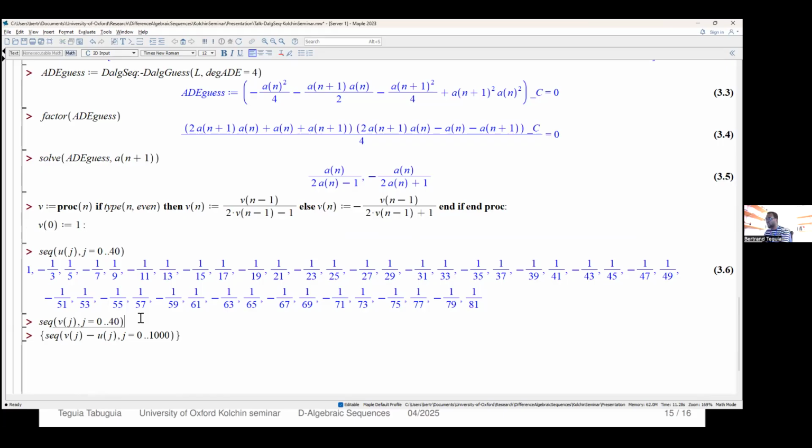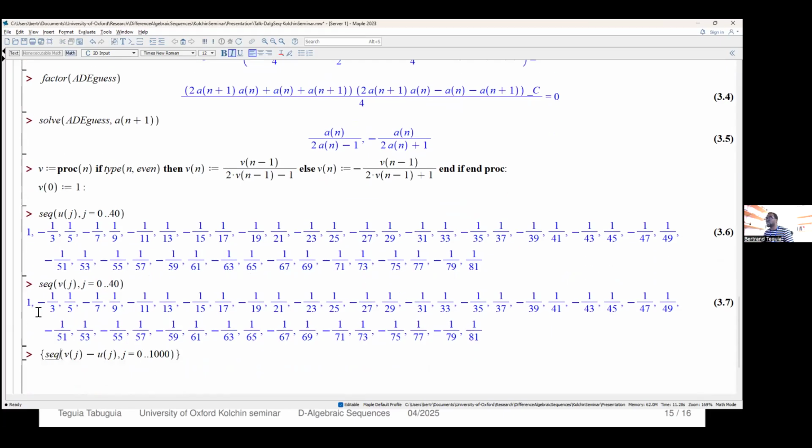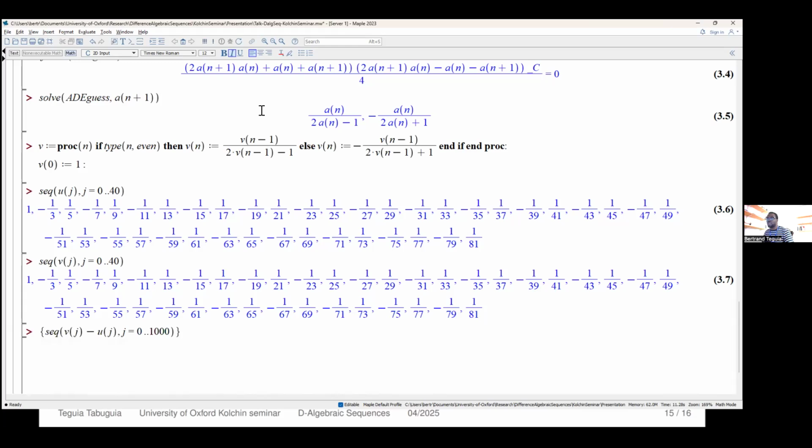And if you use this, you generate the sequence. So I think it can be proven that the two sequences are the same, but we found a different expression of the same sequence by asking for a D-algebraic equation of degree 4. And you can continue like this up to 1,000 times.